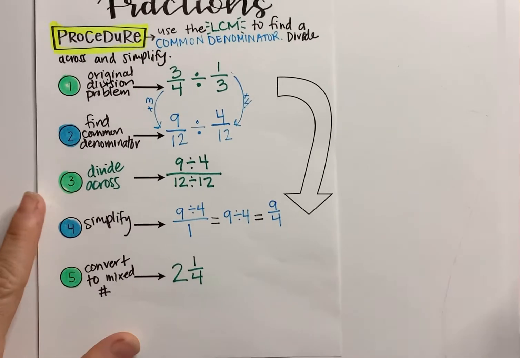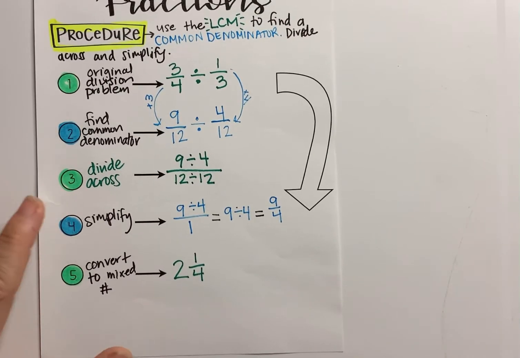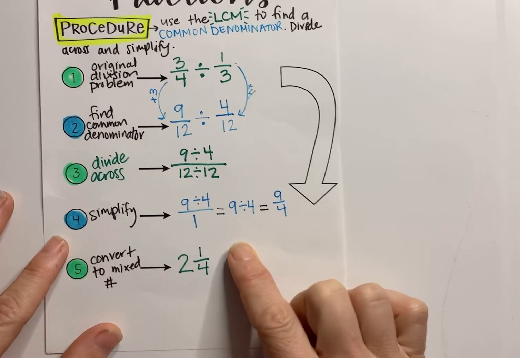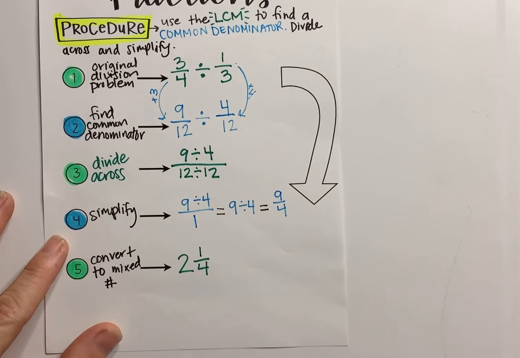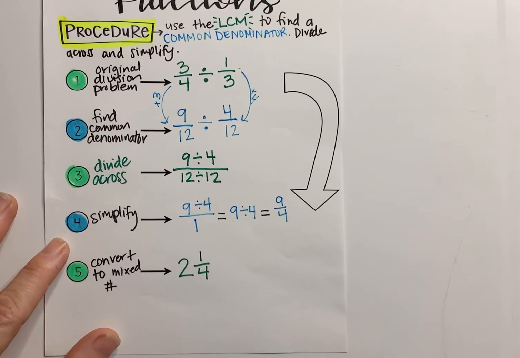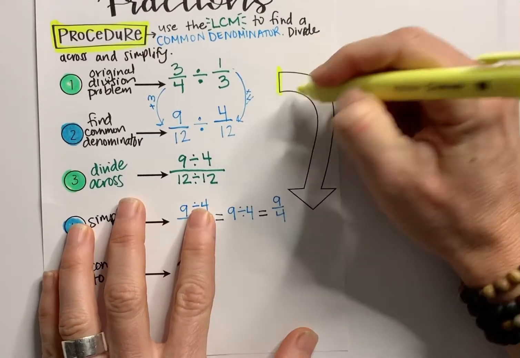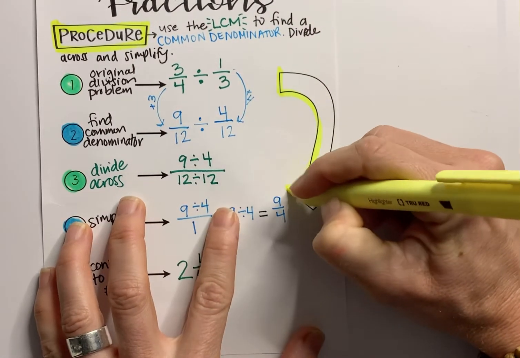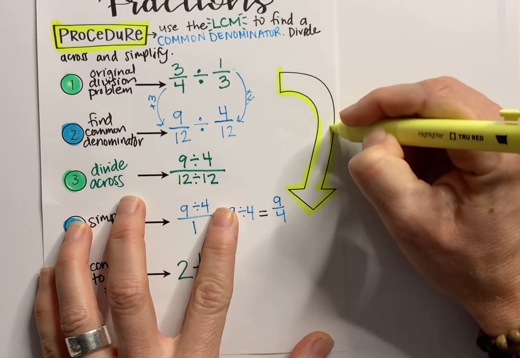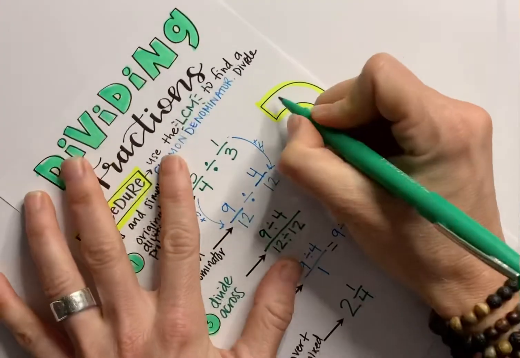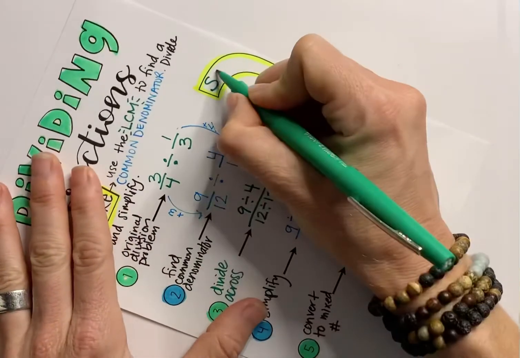Now, how is this a bridging algorithm? Well, this is completely and 100% connected to the algorithm that you know, also known as keep, change, flip, or multiply by the reciprocal, using the correct mathematical vocabulary. I'd like you to write this down, it's really important. When you multiply by that reciprocal, you are taking a mathematical shortcut.